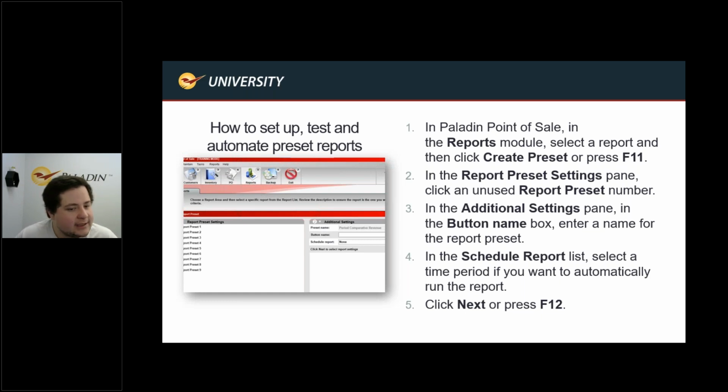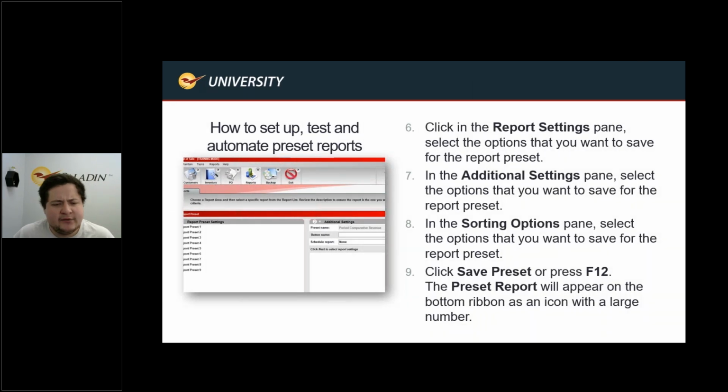You'll get something very similar to this, and it'll walk you through everything you need to do to click one button, or just say, every day at 11 o'clock at night, run these reports, or in the morning, or whatever you prefer. And this is just the second half of this, but very cool. It's very nice to see that you can do nothing and all your reports are there in the morning, or that they'll print off at the end of the night.